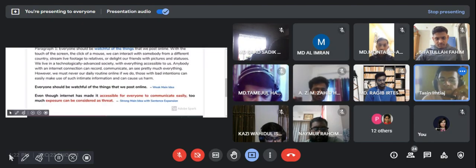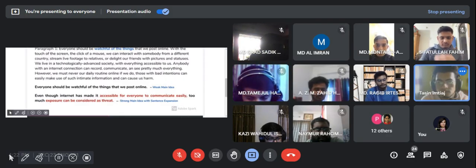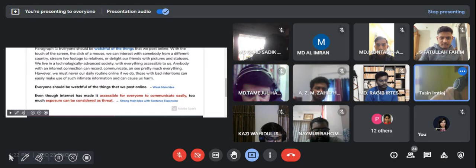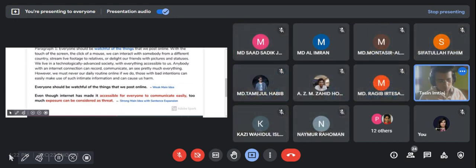Look at the first sentence of the paragraph. The phrase, watchful of the things are not clear enough to identify what the main idea is. However, there are 2 points that have been mentioned in the text, accessible for communication and bad intention. Therefore, we are writing the main idea in our own words with sentence expansion by including these 2 points, which is why the first sentence is a weak main idea, second one is a strong one.